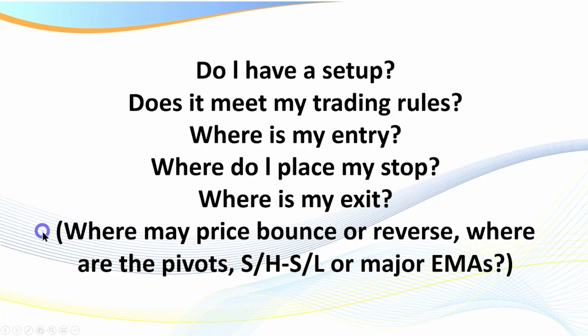For example, are we buying or selling into a pivot, a swing high or a swing low, or major EMAs? Now I use anchor charts. When you use an anchor chart, they behave and act exactly the same as a major support resistance area or a pivot area. It's absolutely amazing, and I'm going to show you some examples as we go along.